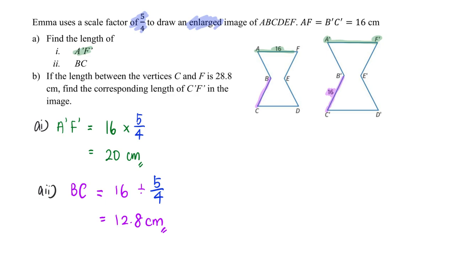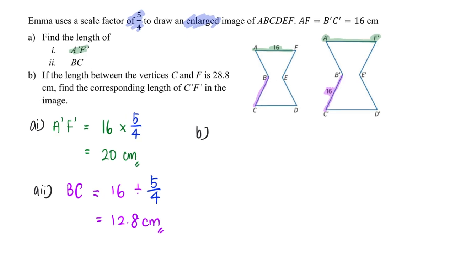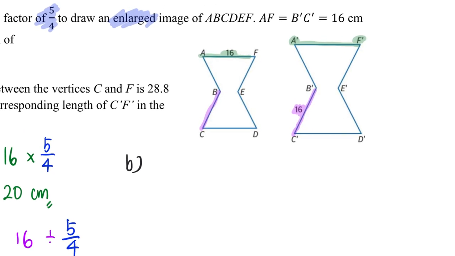Let's look at part B, where we are then given that the length of the vertices C and F, this length here, I'm going to enlarge it, okay? It's 28.8 cm. So find the corresponding length here.